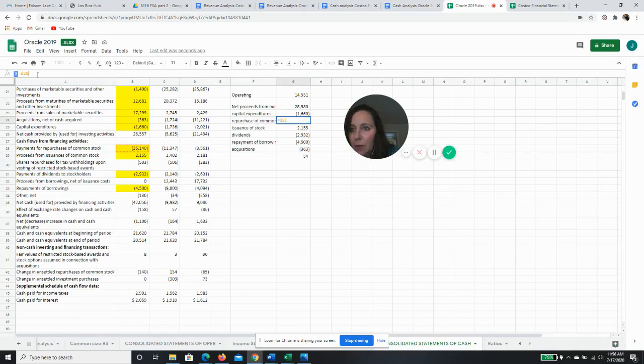So I'm just going to add it in up here. If you want to list it separately, that's fine. Okay, so we added repurchases. I'm just trying to keep this not too junked up. 449, and then the other thing we will add is other, and then the effect of exchange rates. No, I guess we'll include that. Effect of exchange rate, and we'll include that.